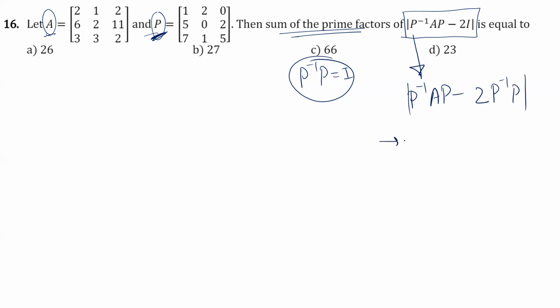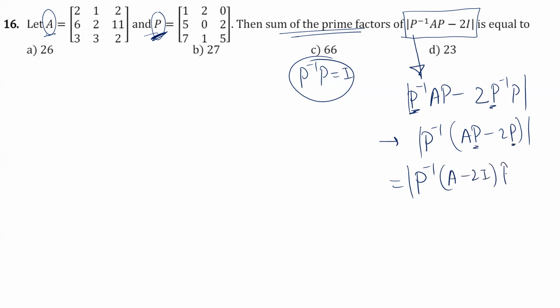So here you can write P inverse AP minus 2I P inverse P. Now you can take P inverse common from the left and P from the right. So this will be P inverse, A minus 2I, P, and you can split the determinants.